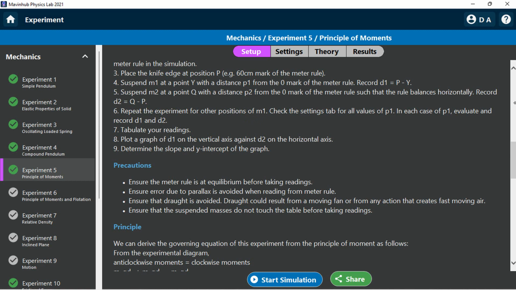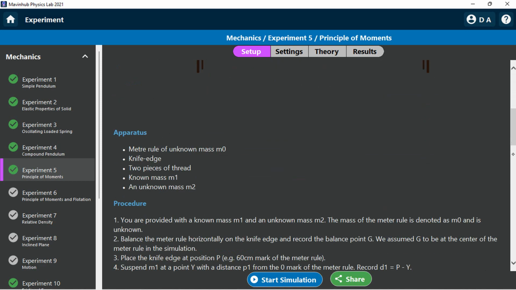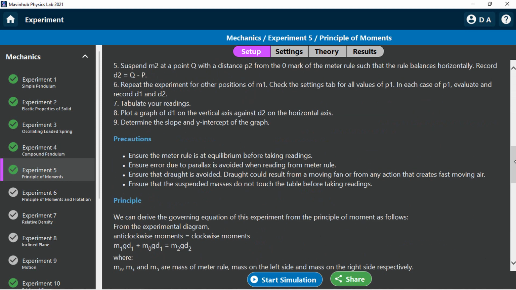If M1 initially was at position 10, so P1 is 10, then the next round you may move it to point 15 and try to balance M2 until you've got a balanced meter rule. You keep doing that for various values of P1. P1 will be given to you, then the rest will be derived from the experiment.